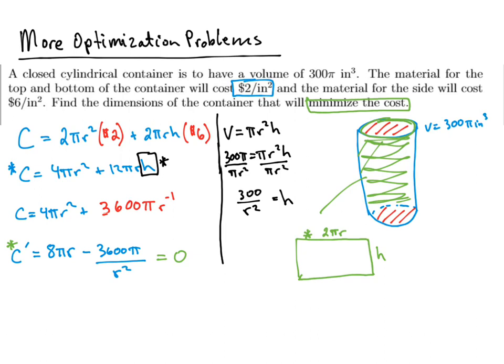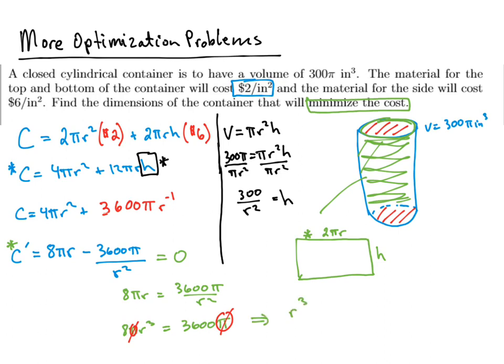All right, so solving this equation, 8 pi r is equal to 3600 pi divided by r squared. Multiply both sides by r squared. I get 8 pi r cubed is equal to 3600 pi. I can divide both sides by pi here, and then we'll divide both sides by 8.